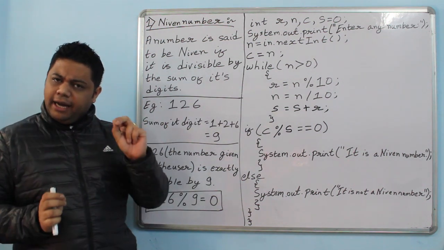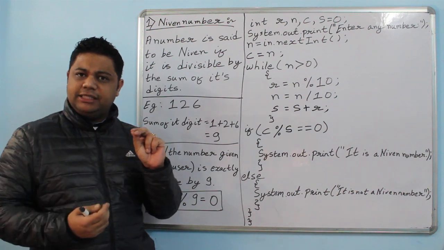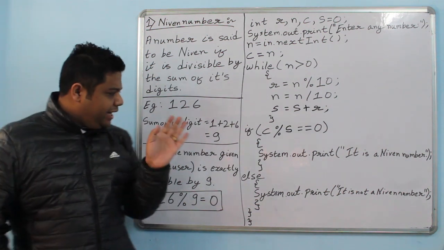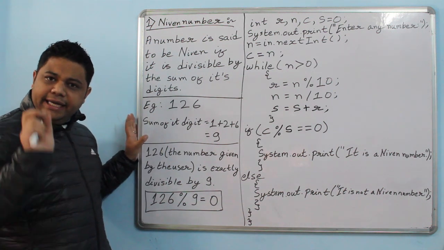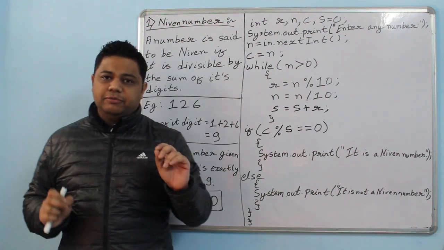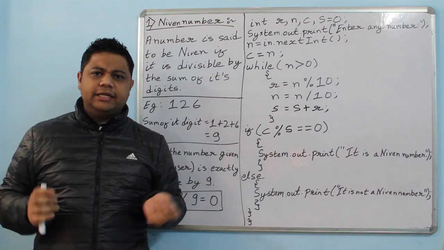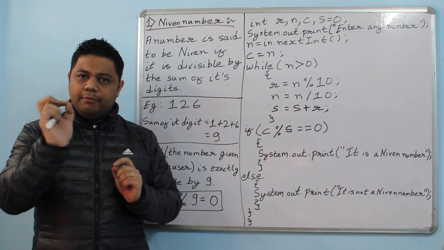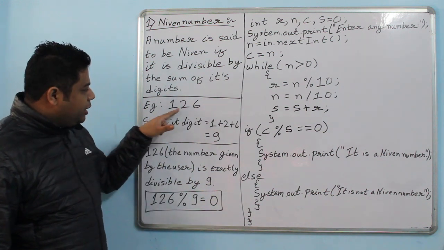So that means if you add the sum of the digits of a number and it divides the number completely, then that is a Niven number. One example to help you understand: in every number program, for ICSE, ISC, CBSE or any other board, you will be given one example, and the example is very helpful to understand the program. Like example 126.